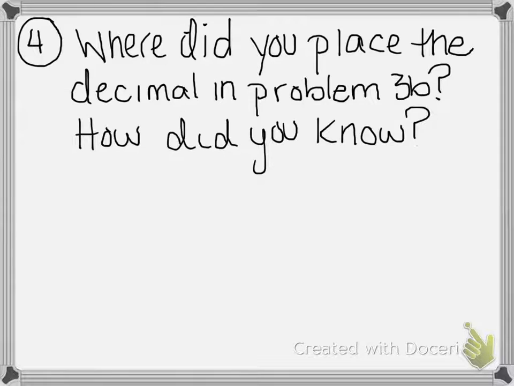Number 4 says, where did you place the decimal point in your answer to problem 3B? How did you know to place it there? So again, 3B is 11 8/10 times 10 to the second. Oops, not times, divided by 10 to the second.